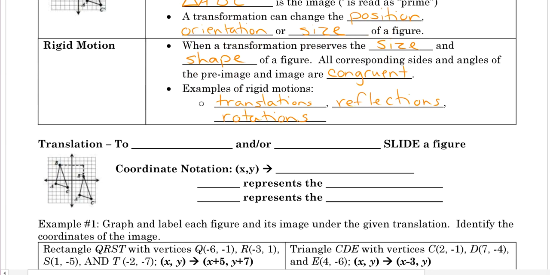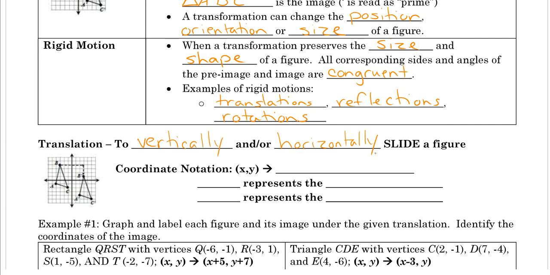A translation is to vertically or horizontally slide a figure from one location to another. When we do that, we are sometimes given coordinate notation.